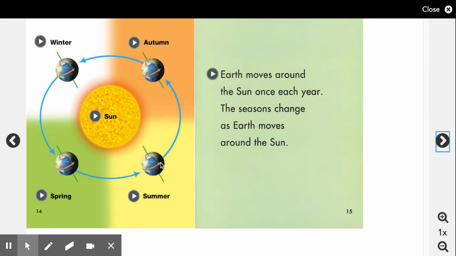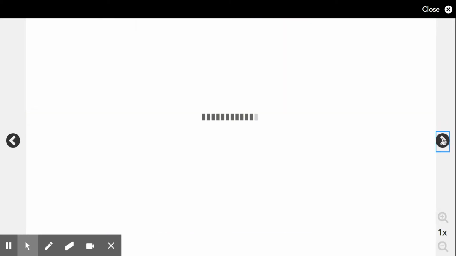So let's follow the arrows and say the seasons in order as the Earth moves around the sun. We'll start over here with autumn. Autumn, winter, spring, summer. So that's how our diagram helps us get information in our nonfiction text.